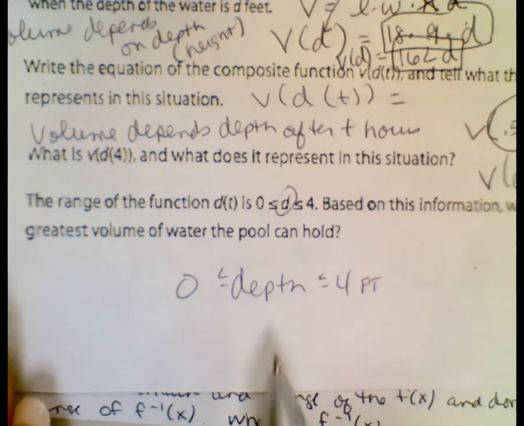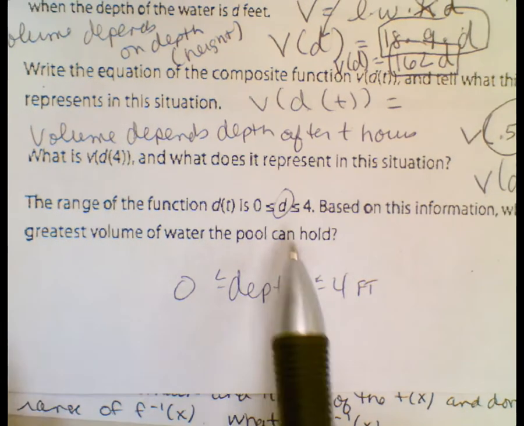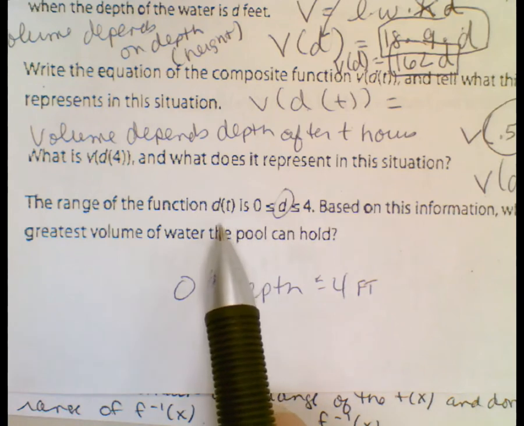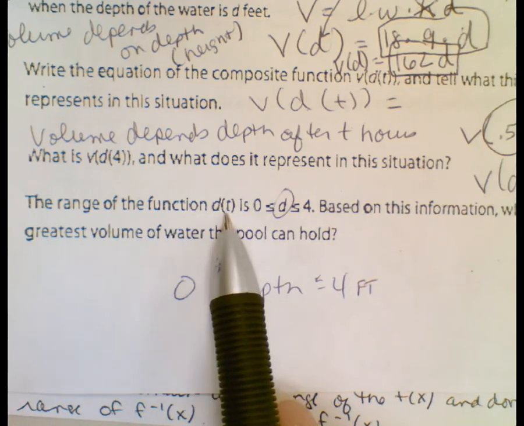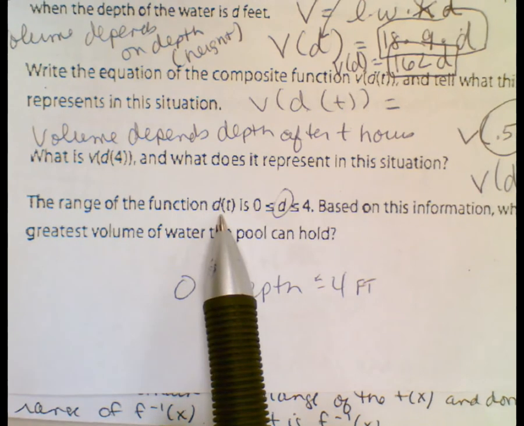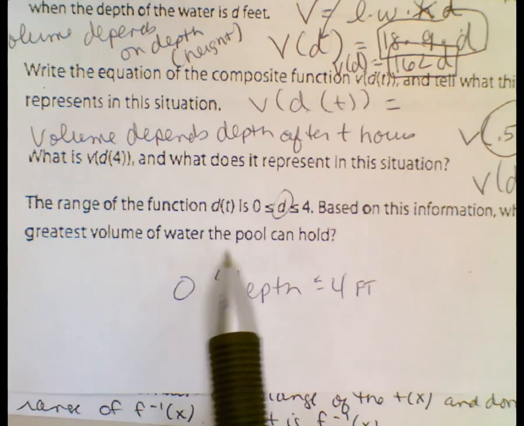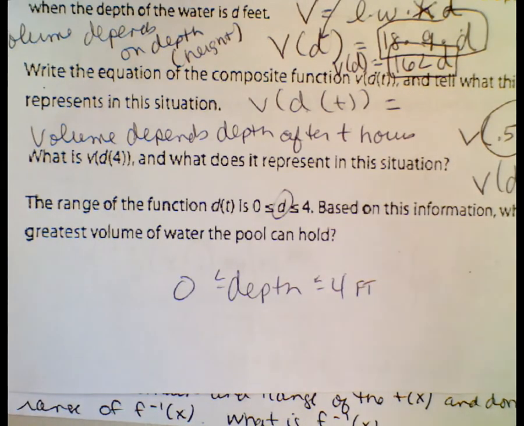A lot of swimming pools in people's backyards don't go any deeper than 4 feet. So the depth, the range of the function D of T, based on this, what is the greatest volume of water the pool can hold? Or is it supposed to be 0 to 4 hours? Because that's supposed to be T.